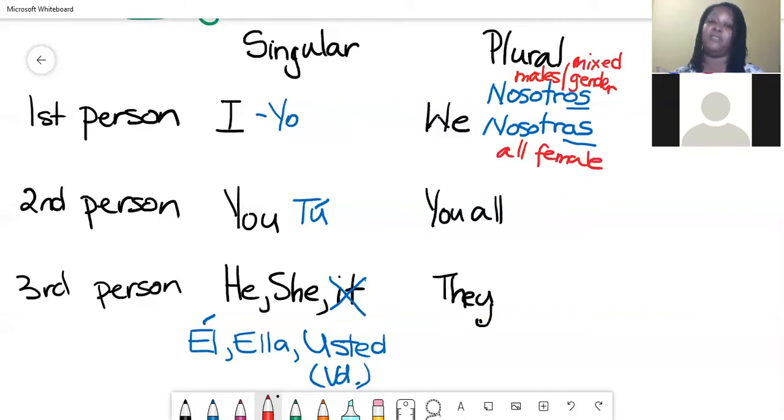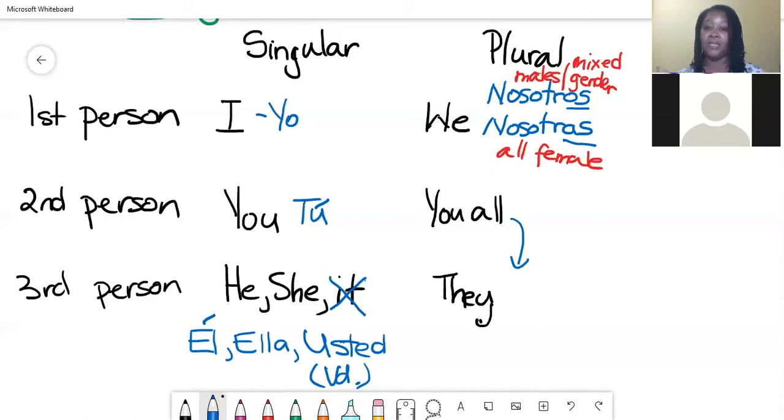Now here's an interesting thing. This you all that we have here in English, in Spanish, well, in Latin American Spanish, I should say, is used in maybe two Latin American countries and mostly in Spain, where they have a second person plural form. But in Latin American Spanish, generally, we don't really use that form. So this you all tends to move down here.